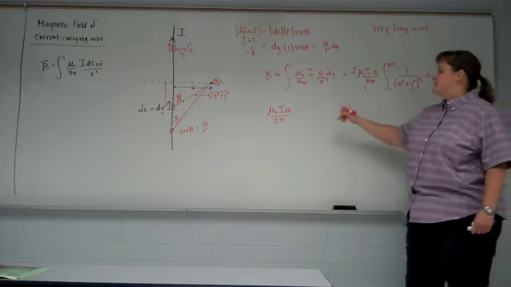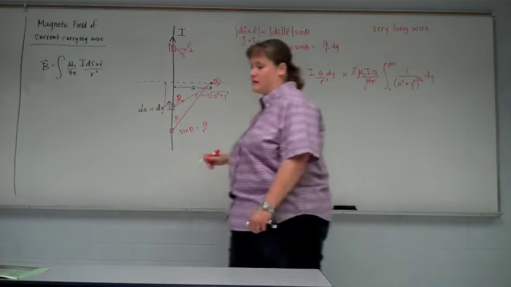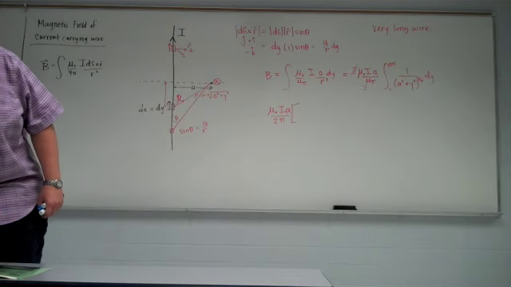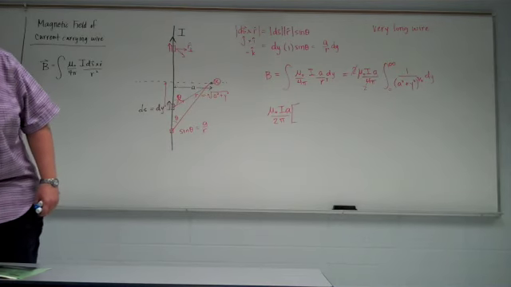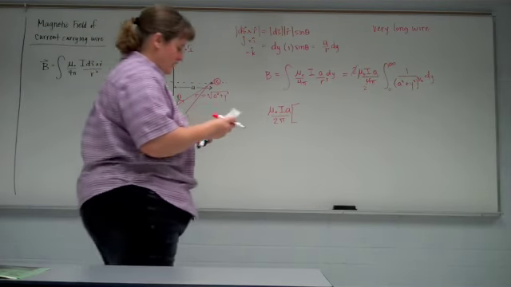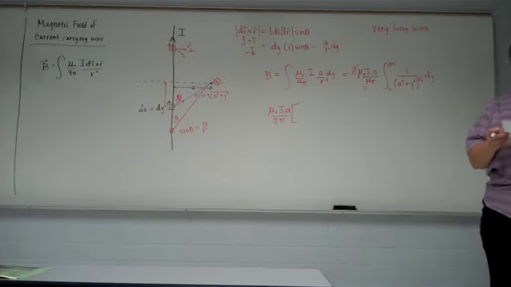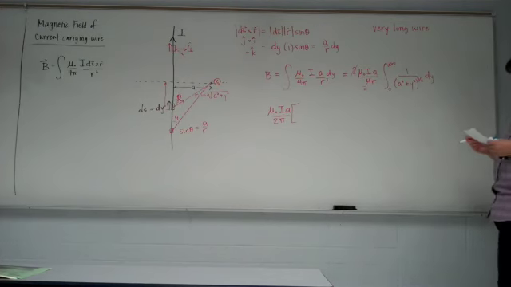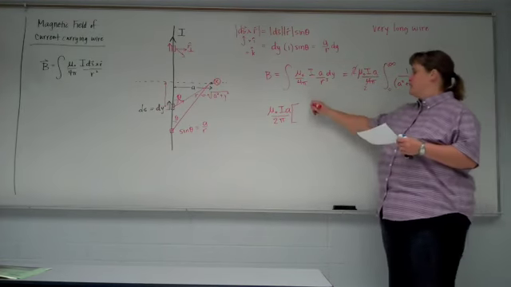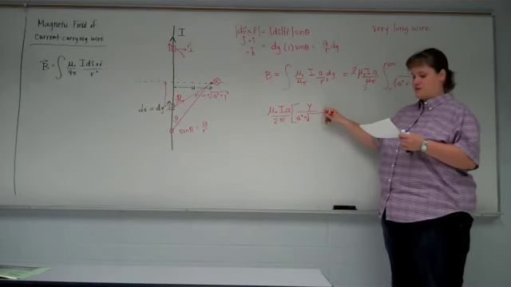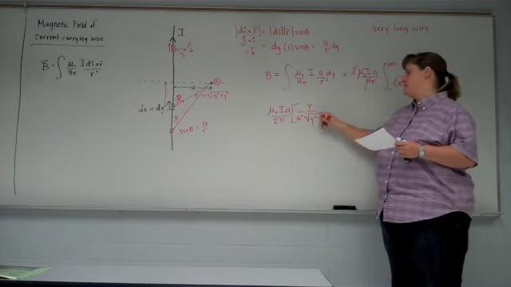The integral of this, that's another one on the test notes, the little integral table. In this case, instead of x, we have y as our variable. So the result of this integral is y over a squared times the square root of y squared plus a squared.